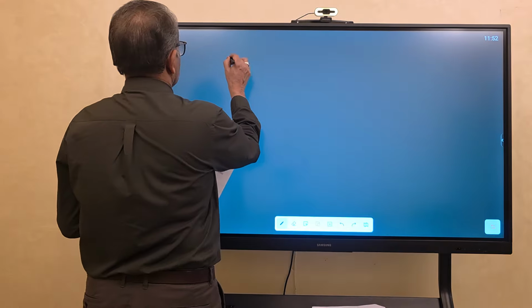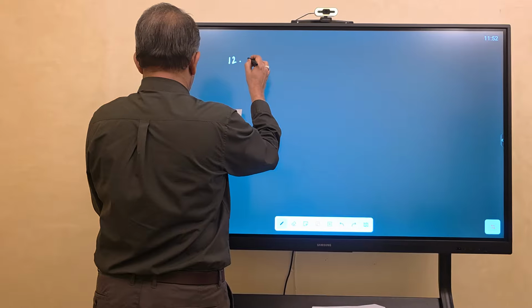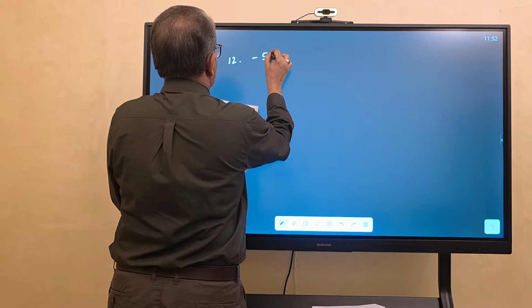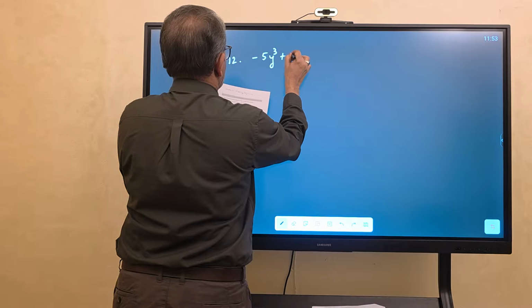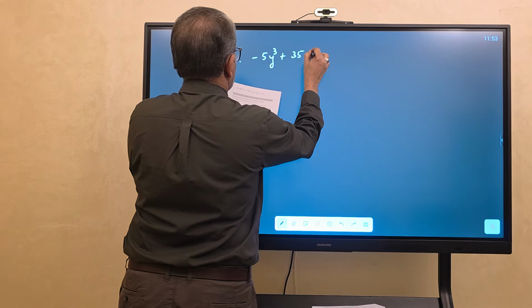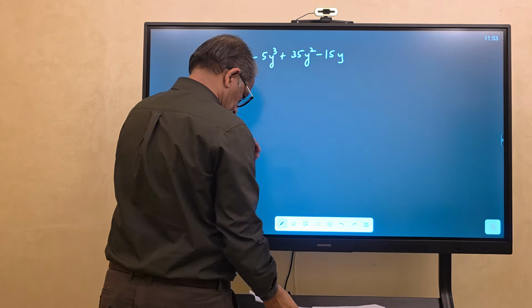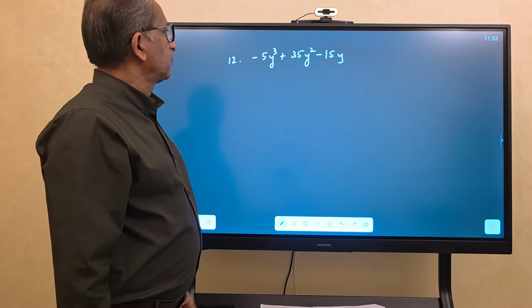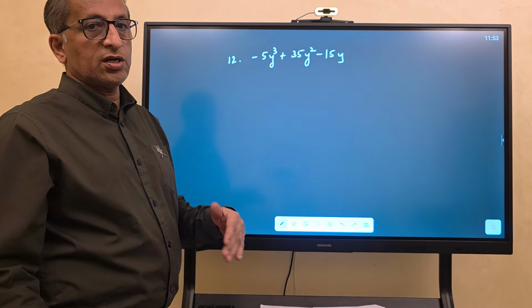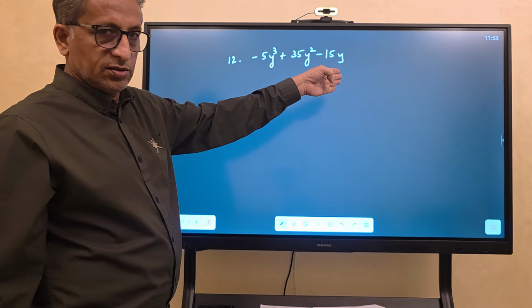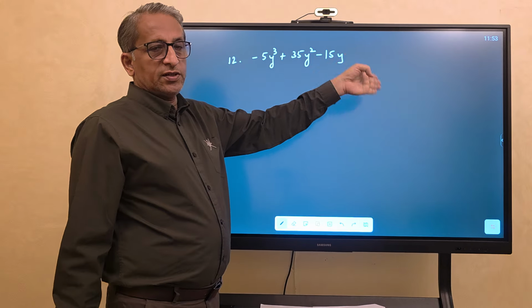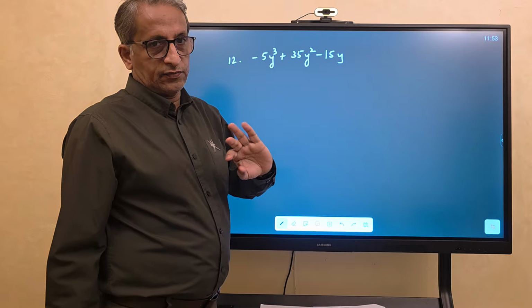Let's see question number 12: minus 5y cube plus 35y square minus 15y. Let's find the factors of this trinomial, because we have three terms, right? By first finding the GCF.